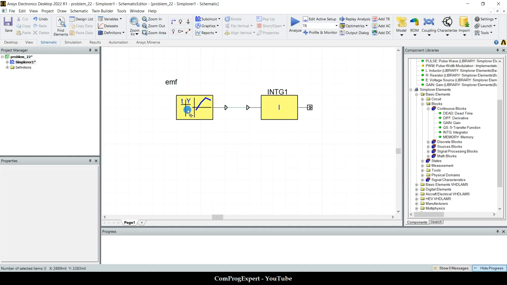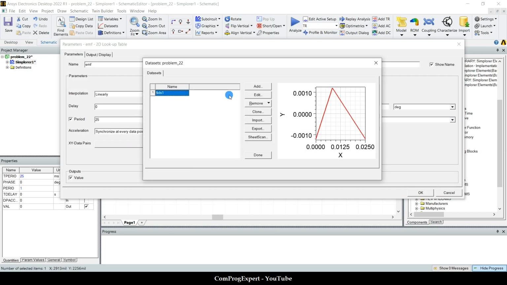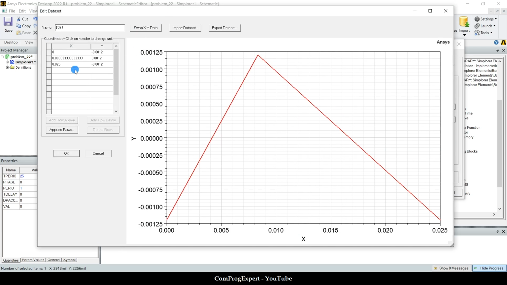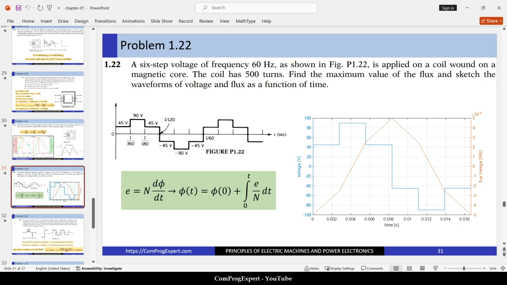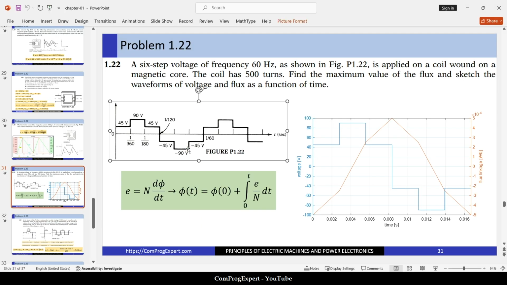So we need to set the data set. Let's edit the data set. We have 6 steps. Okay, this is 45 according to this figure that we have. Let me copy this.